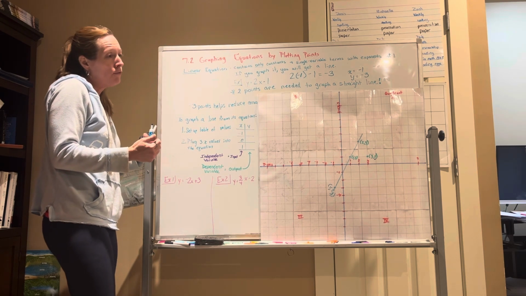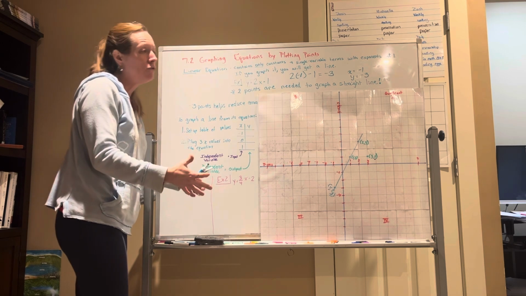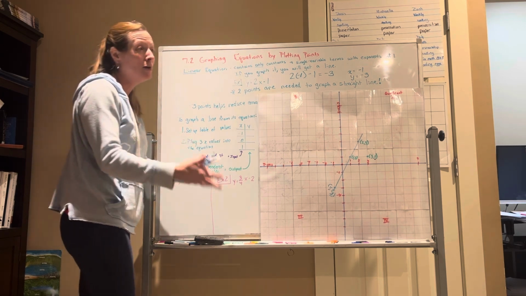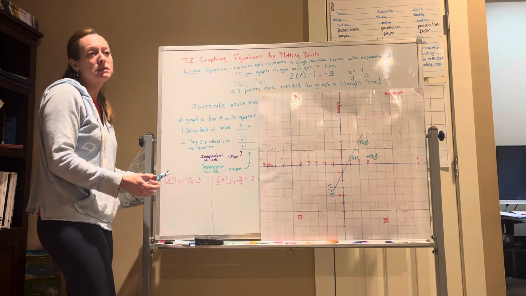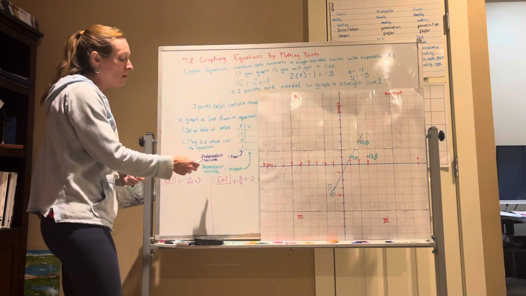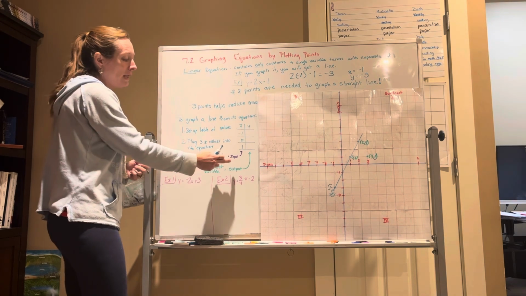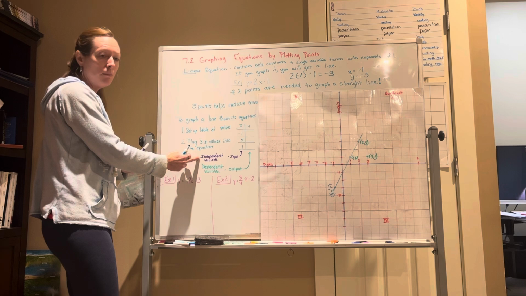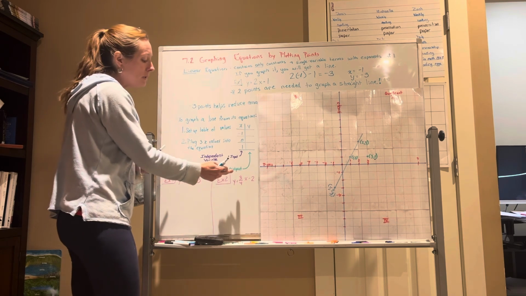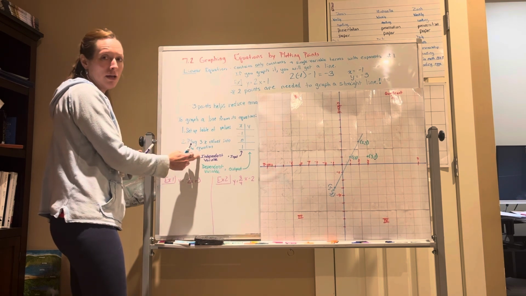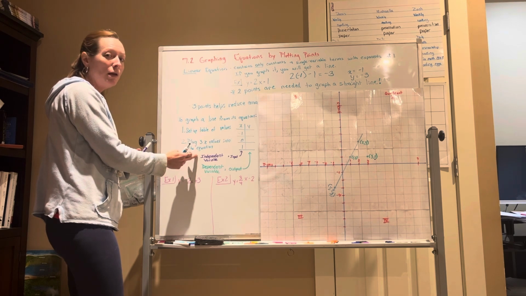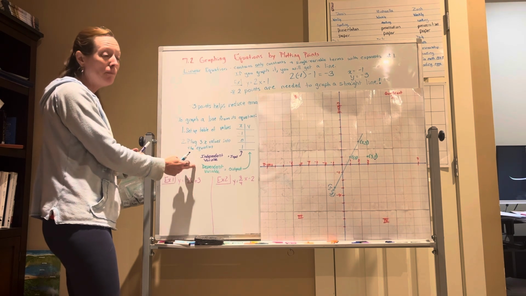Also, if the thing that you're putting into the function is something you get to choose, it's not dependent on anything, then it's also the independent variable. So my inputs are my independent variables. My outputs depend on what the value of that independent variable is, so they're called dependent variables.